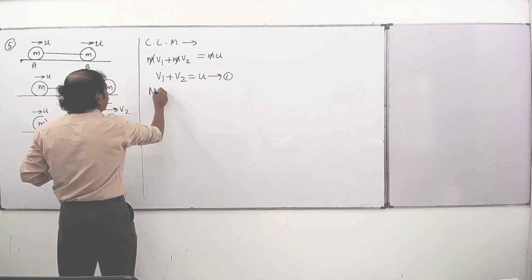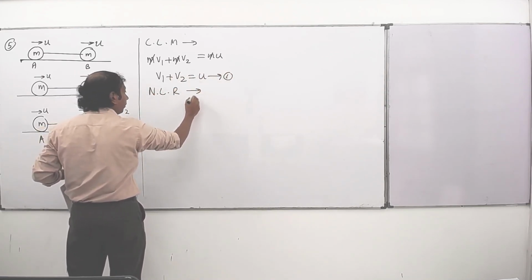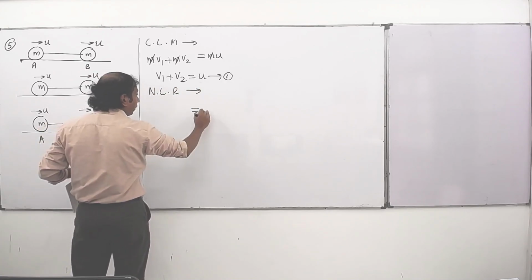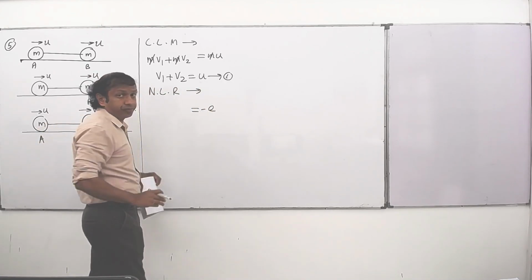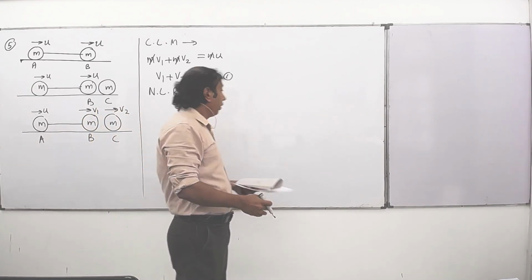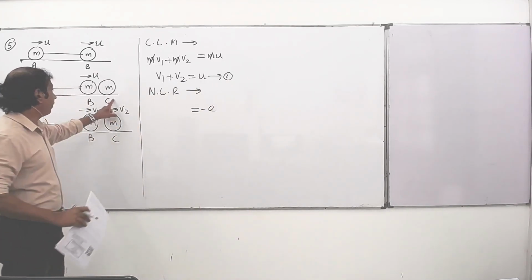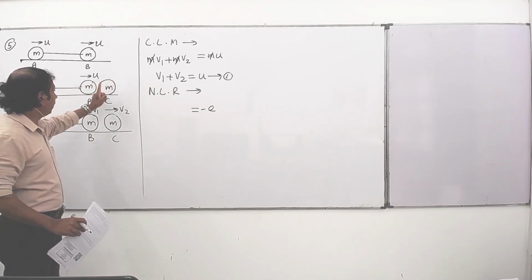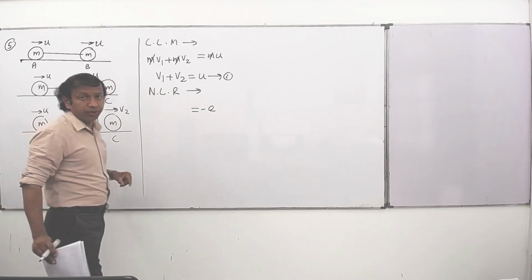Now we apply secondly Newton's law of restitution this way. What is that? Minus e times the relative velocity before impact. All right. Before impact, C at rest, only B moving. Then relative to C, the velocity of B is u here.